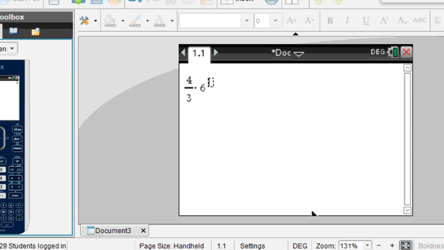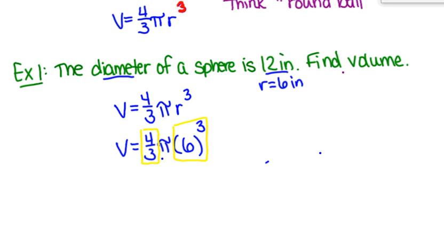When I hit that caret button, it lets me enter an exponent, and the exponent you want to use in this circumstance is 3. So 288. Keep in mind that I have not multiplied by the pi yet, so my answer is going to be 288 times pi cubic inches.